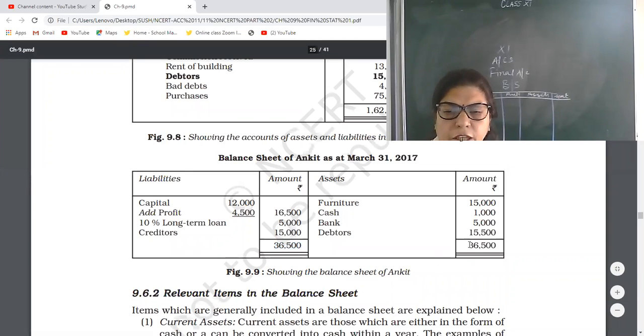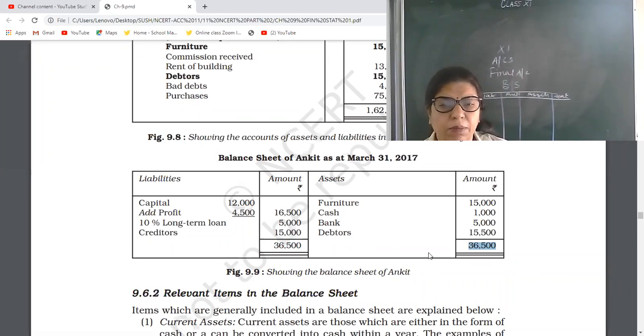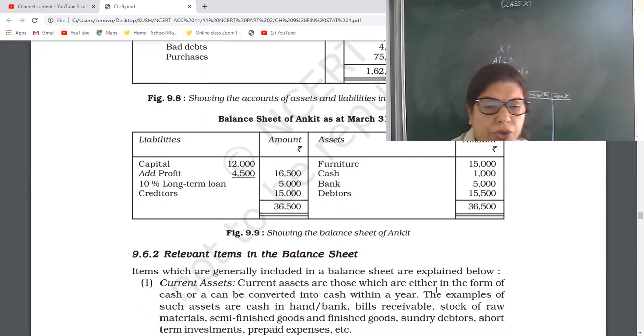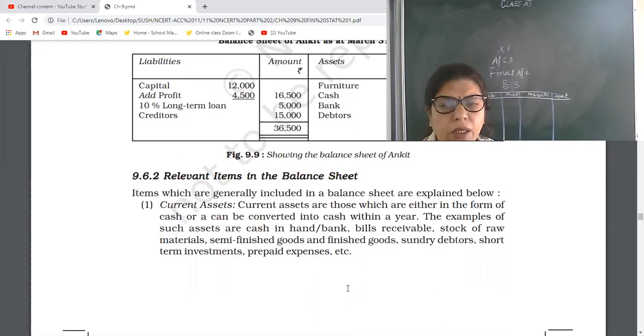See, total of both the sides, liability side as well as asset side should be same. If there is difference in between these two, it means there is some error in the accounts. Okay, so now we are going to show the relevant items in the balance sheet. See, first, which are included in the balance sheet one by one. Note down, please.